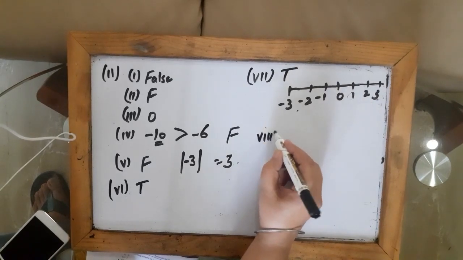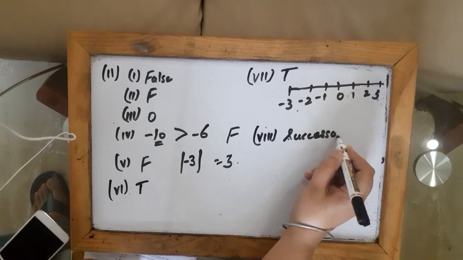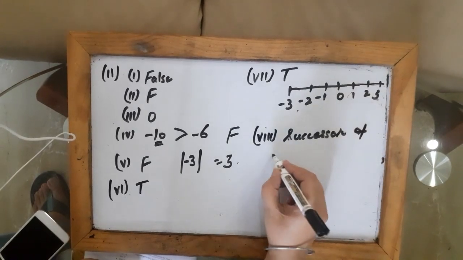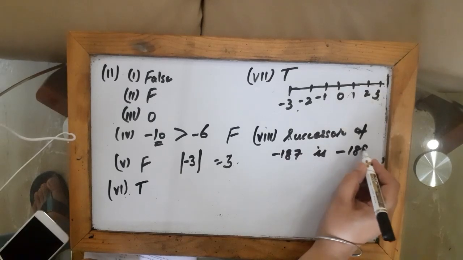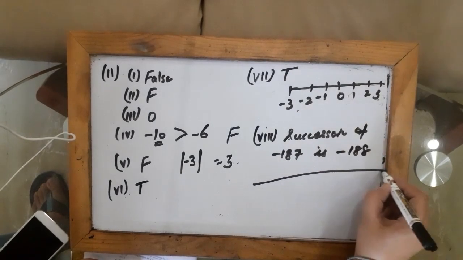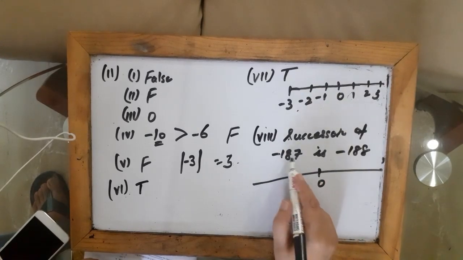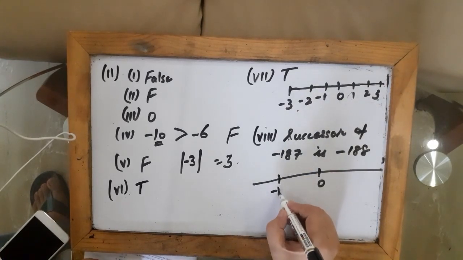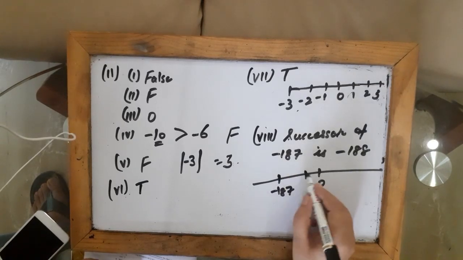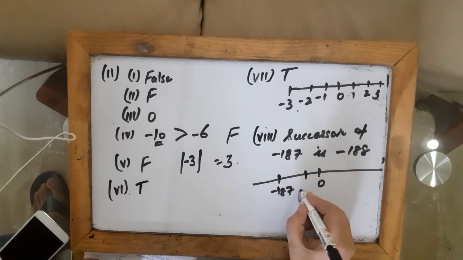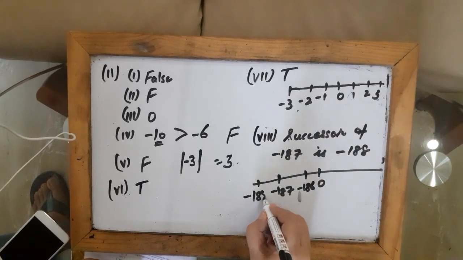And in the eighth one they are saying that the successor of minus 187 is minus 188. Now if I draw this on the number line, 0 and first this minus 187, and to the right of minus 187 will be minus 186 and to the left will be minus 188.